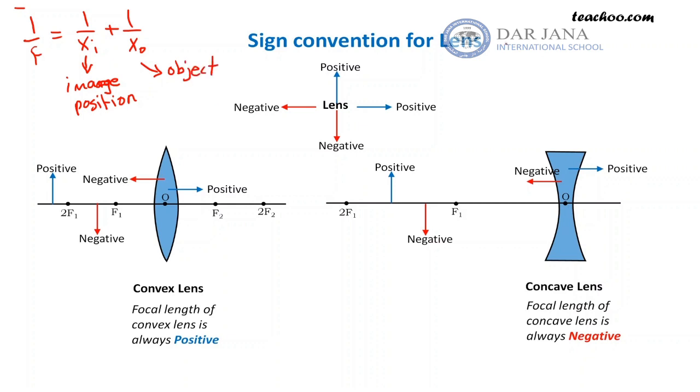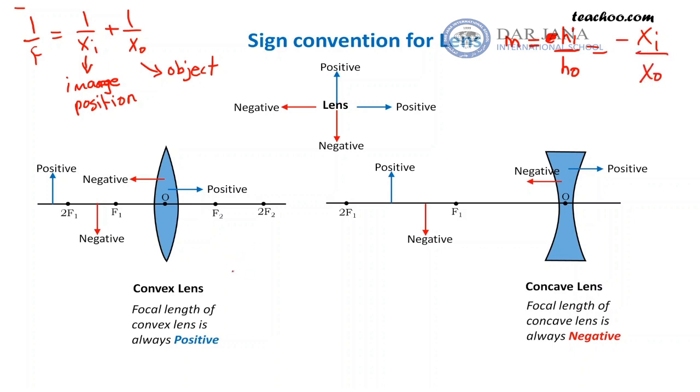And we have the other formula, the magnification: m equals negative hi over ho. Sorry, it's just hi over ho. It's equal to negative xi over xo.